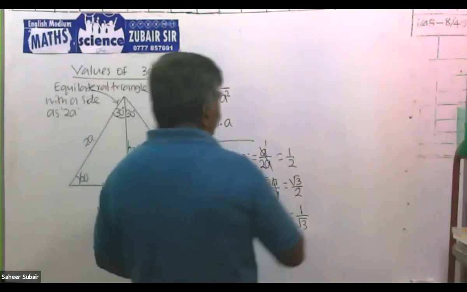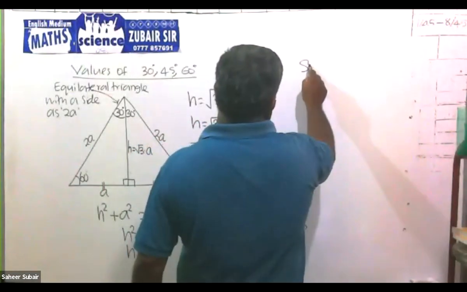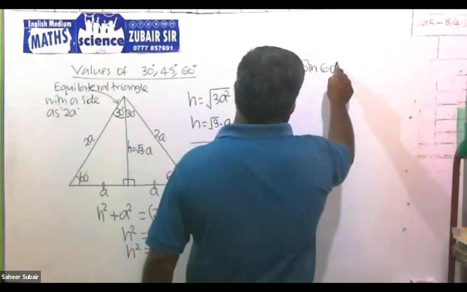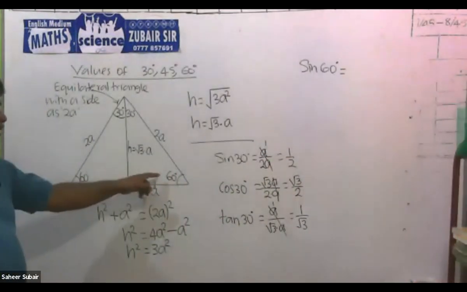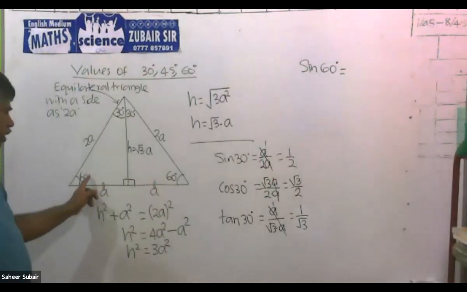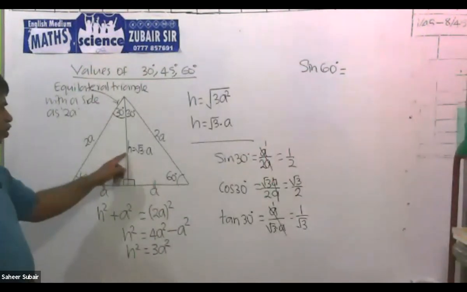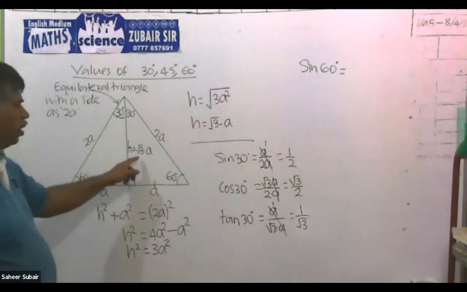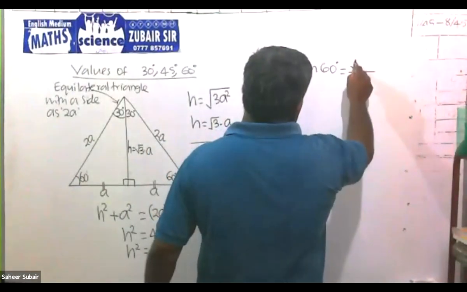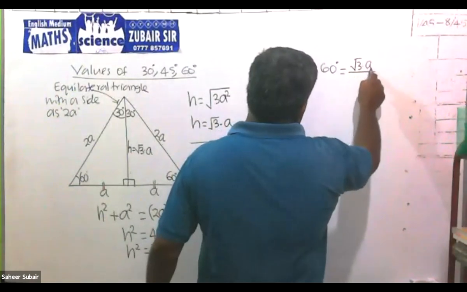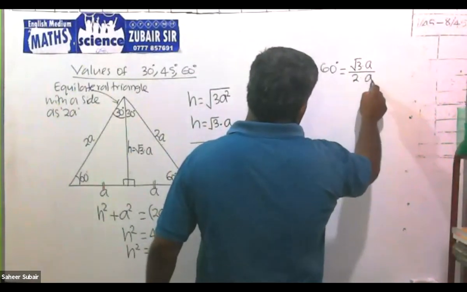Then find the value of sine 60. What is sine 60? This is the 60. You can use this one or this one. When you take this 60, sine is opposite over hypotenuse. Opposite side for 60 is root 3A, hypotenuse is 2A.